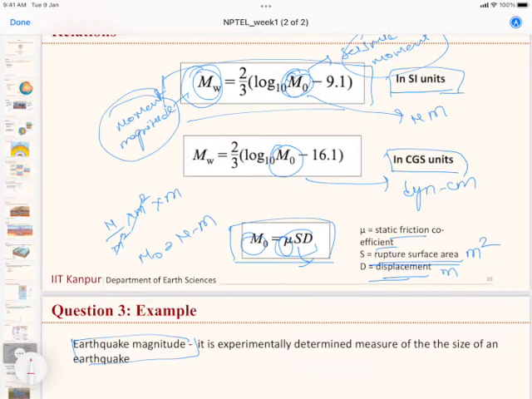So have you all covered this earthquake course earlier, or this time you are reading it in the course? Okay, okay.